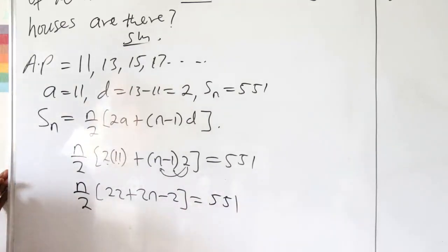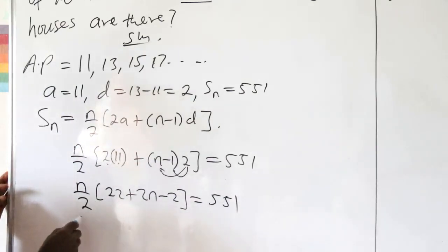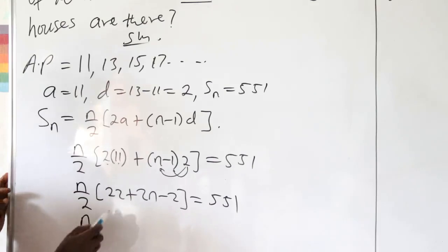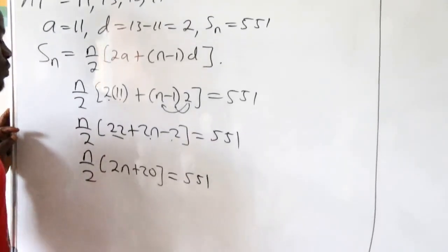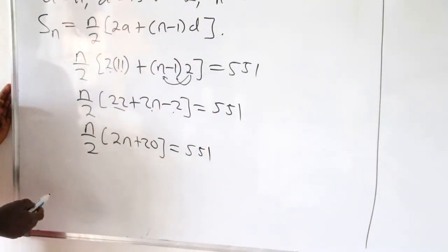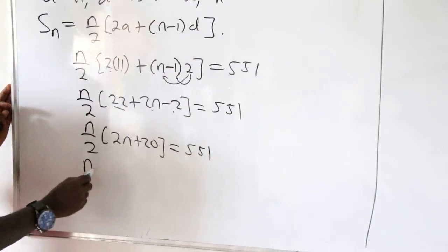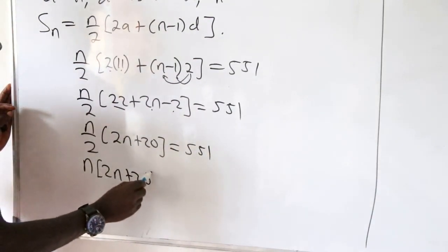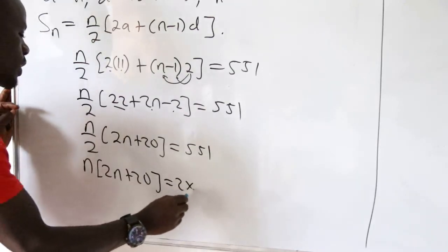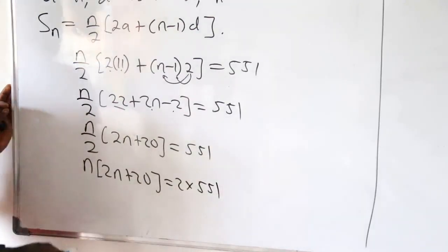Then check it out. We can collect like terms inside the bracket here, so that we have n all over 2 into 22 minus 2, which gives us 20. And then here is 2n plus 20 equals 551. Of course we can cross multiply, and that will give us n into 2n plus 20 equals 2 times 551.